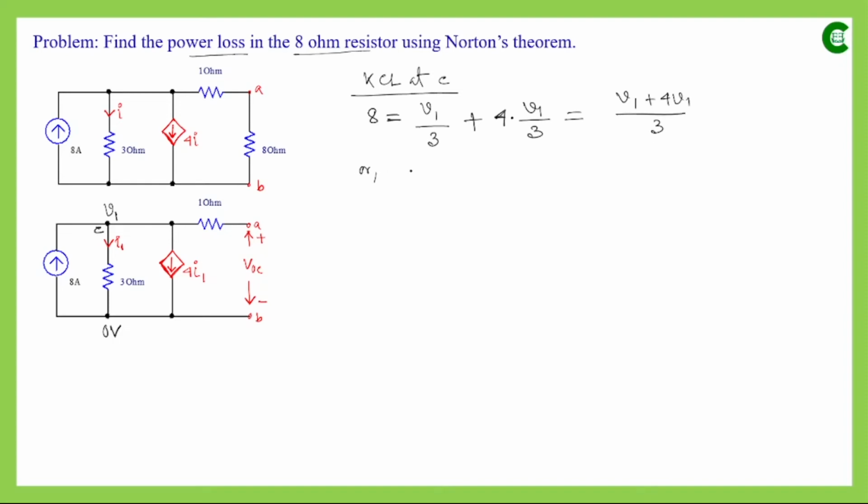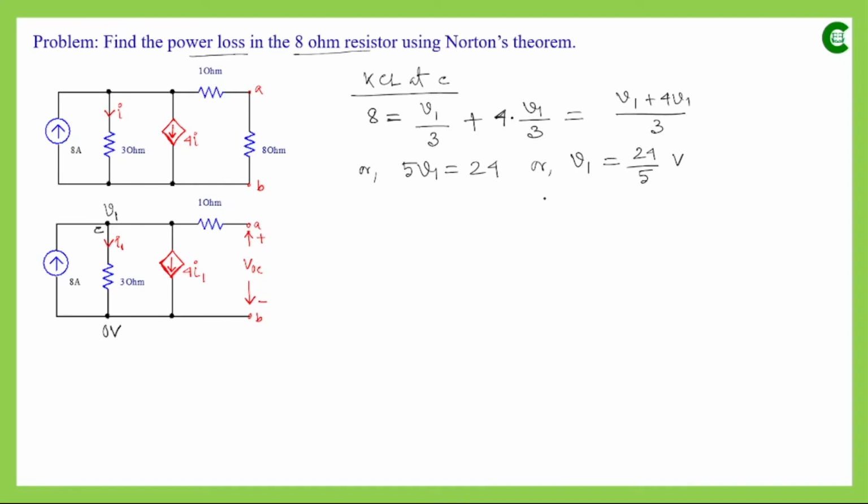So it will be 5V1 equal to 24, or V1 will be 24 by 5 volt.